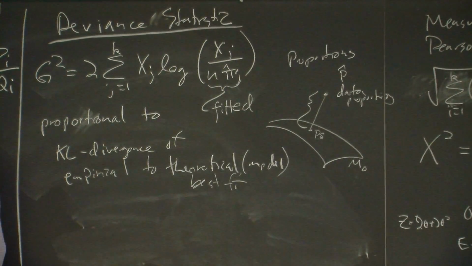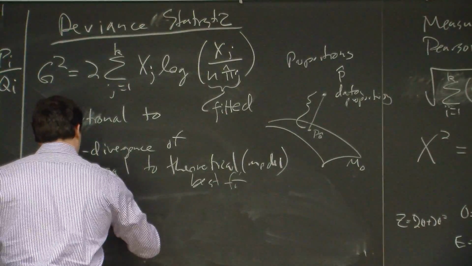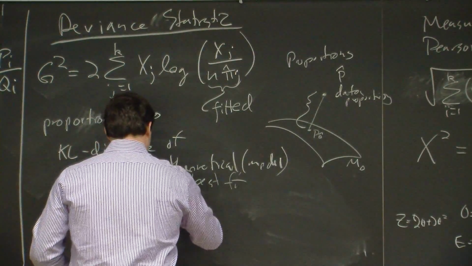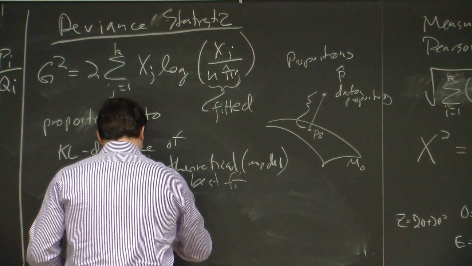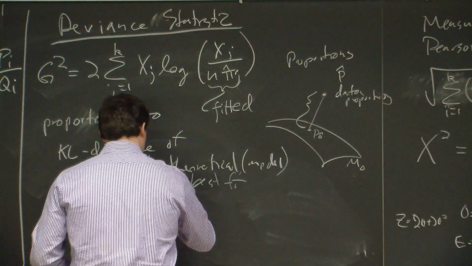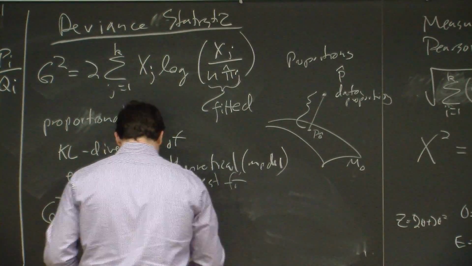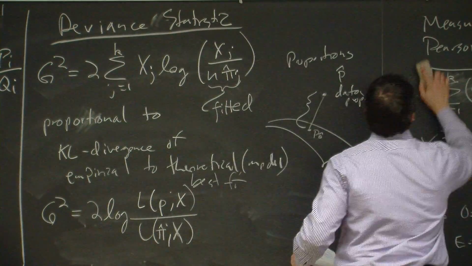Okay, so other ways of writing this that are possibly instructive is 2 log of L of p_x divided by L of pi hat x. So this is empirical and this is null, or null and empirical.